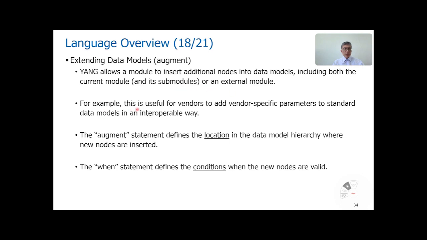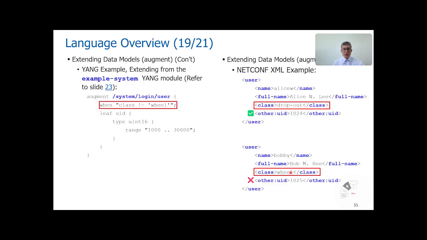For example, this is used by vendors to add vendor-specific parameters to standard data models in an interoperable way. The augment statement defines the location in the data model hierarchy using a kind of path. We can see the example later on. And when is a condition for when the new nodes are bound. So here, the system augments the system login user.